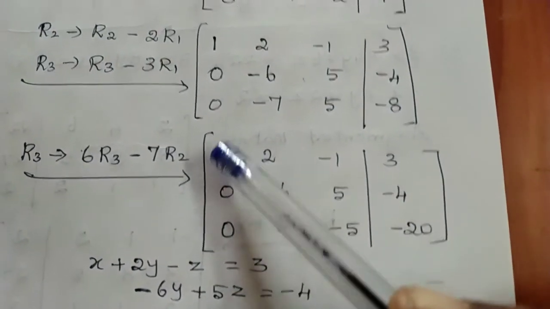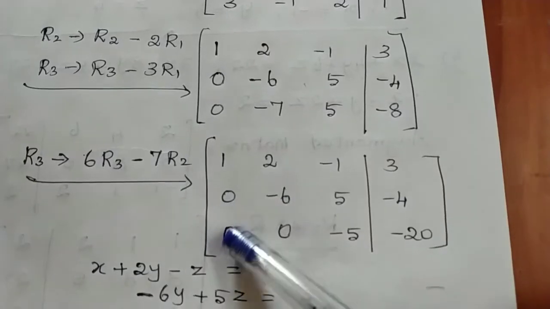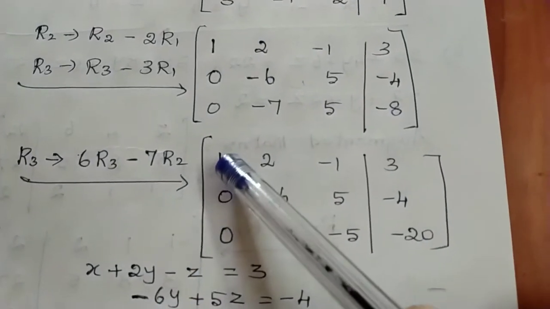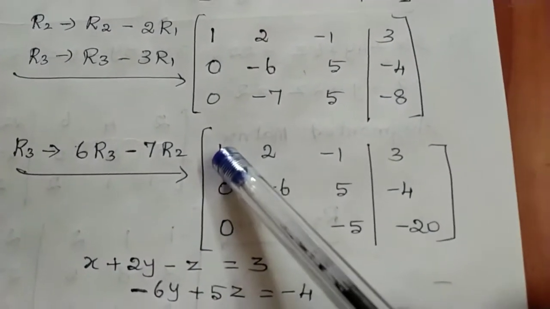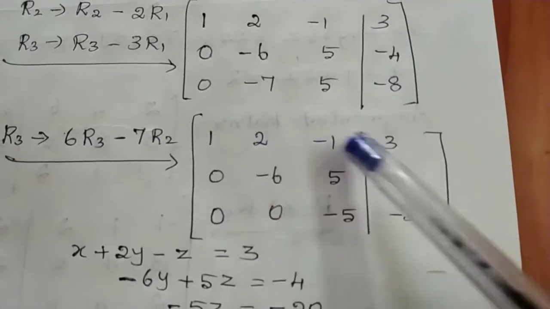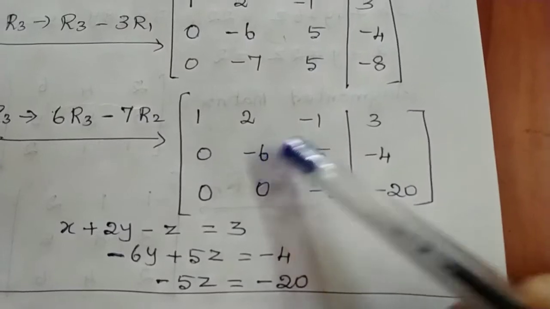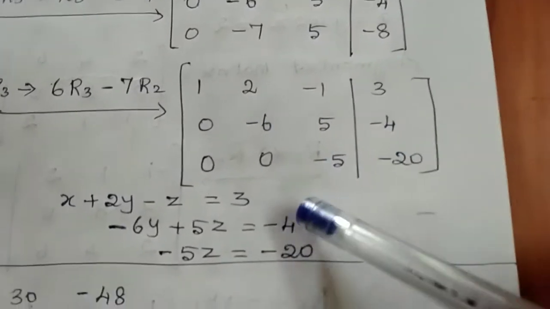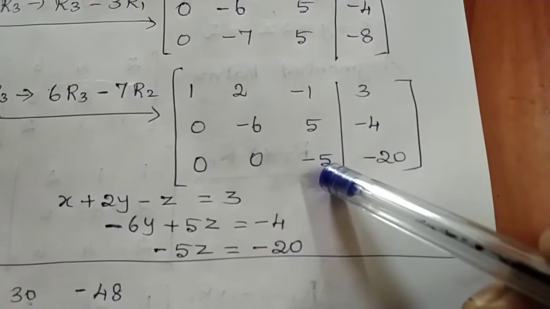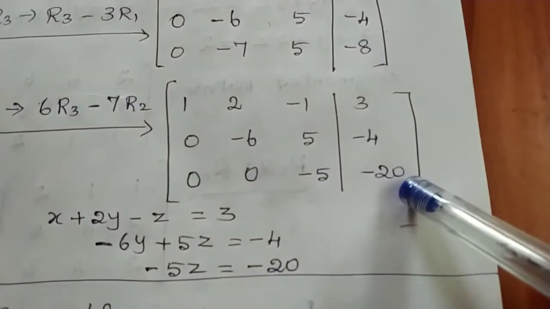Now using this echelon form, write the three equations. One means x plus 2y minus z equal to 3, and similarly minus 6y plus 5z equal to minus 4. Here minus 5z equal to minus 20.